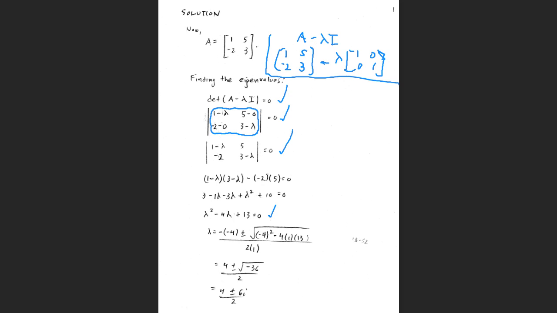So you have this quadratic equation here, and you're trying to find the eigenvalues. This is section 5.2 material. You can't factor that. What formula are we using here?